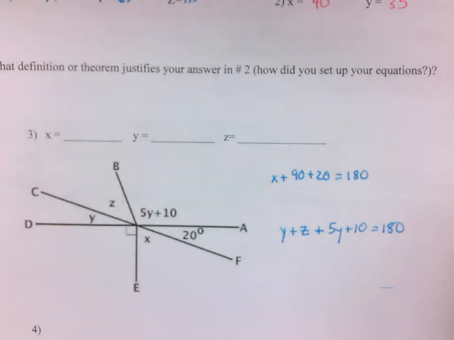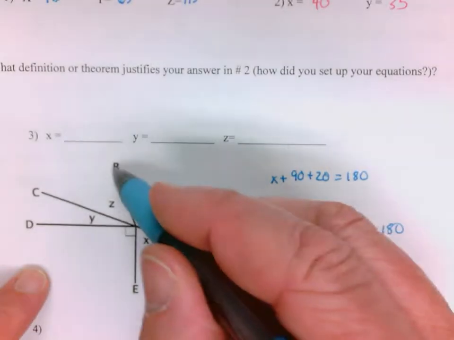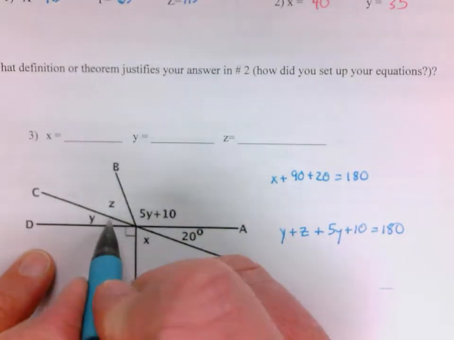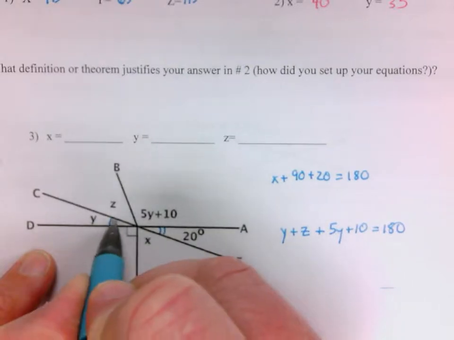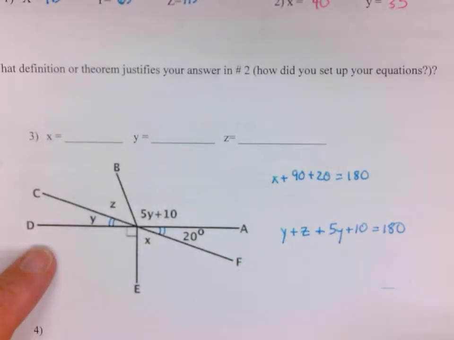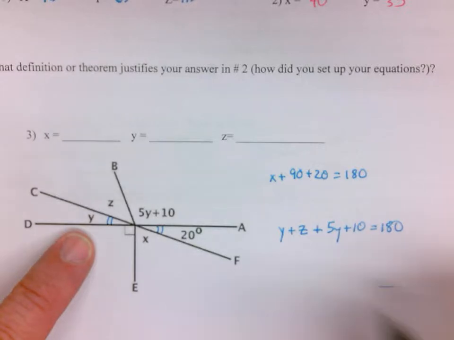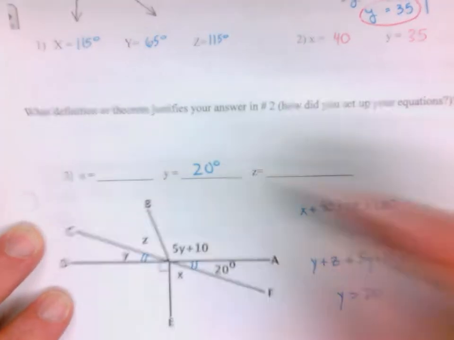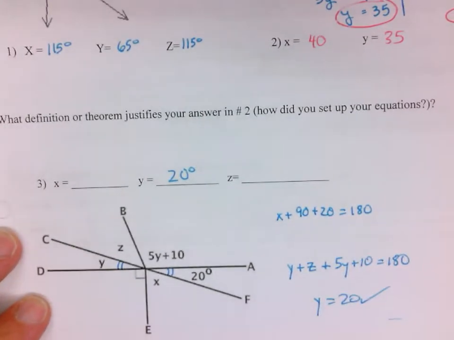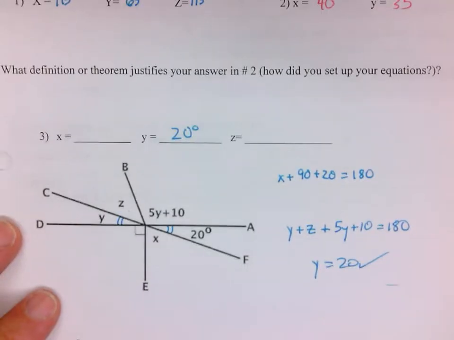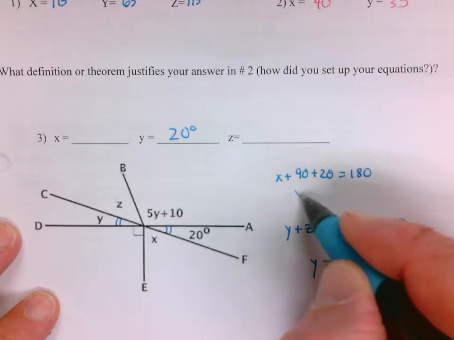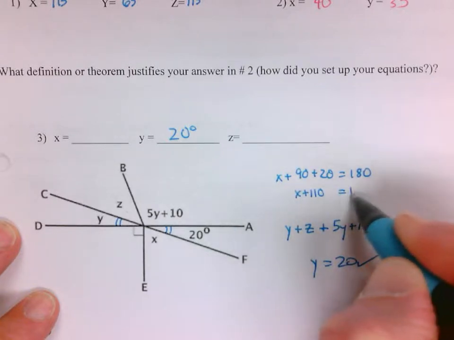I don't have a vertical angle here because it's bent, but I do have vertical angles here, which helps me because now I know that y is 20. That's a nice equation. It's already solved. So y is 20. Check. And I keep thinking about this and I say, well, x plus 110 equals 180.